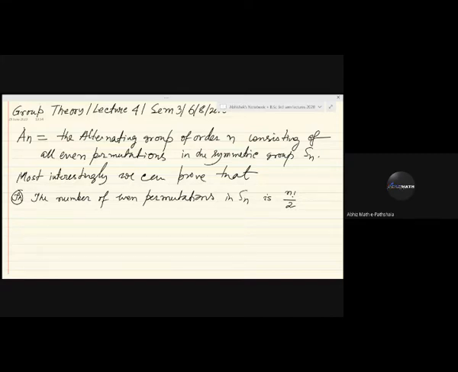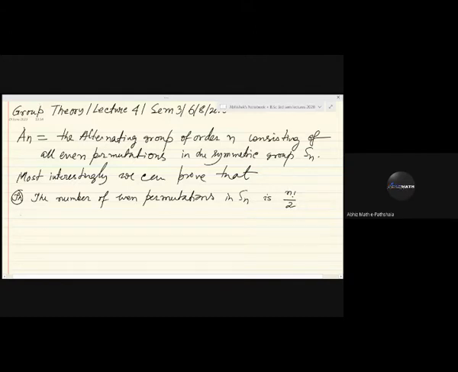Since Sn consists of even permutations and odd permutations, that is, any permutation is either even or odd. So if the number of even permutations equals the number of odd permutations, then it is clear that the number of even permutations is half of the number of elements of Sn.